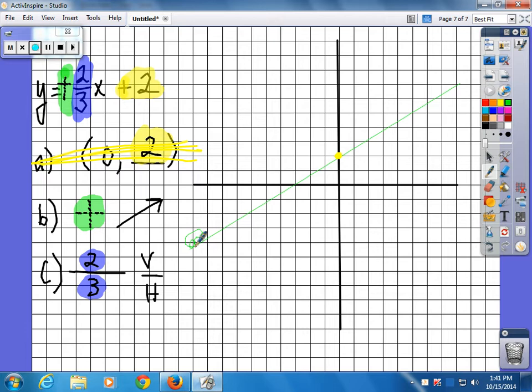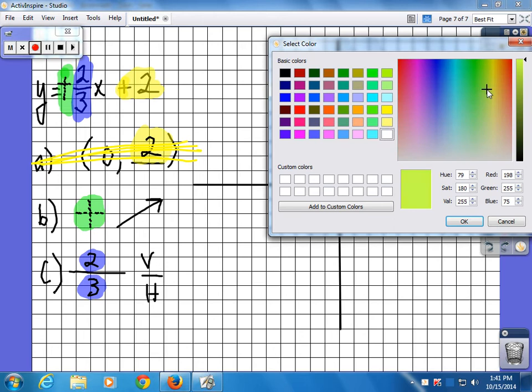Now, mine's about at a 45-degree angle. See, 1 to 1, that's almost a 45-degree angle, but it's not. In other words, I just sketched it up there. I'm going to make it a little bit darker for people at home. Hold on. Well, so much for dark green.